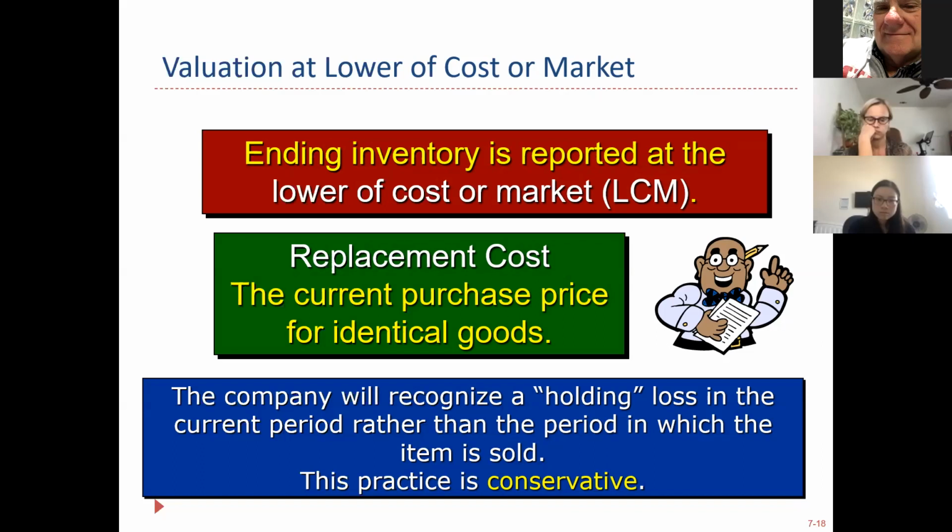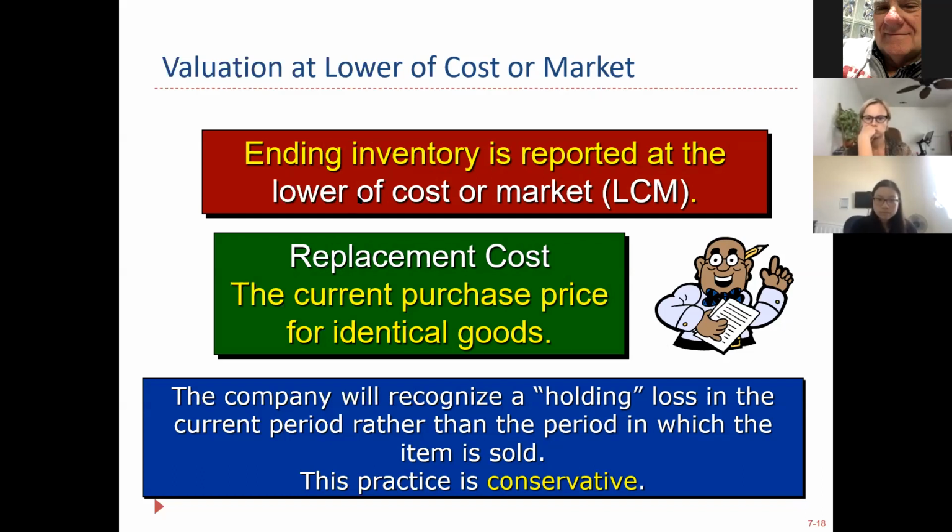That shirt is worth $200, but we cannot increase the value of that shirt on our balance sheet, as we all know now. But what happens if the price, the market price or selling price, goes below the cost? We have to recognize that loss immediately.